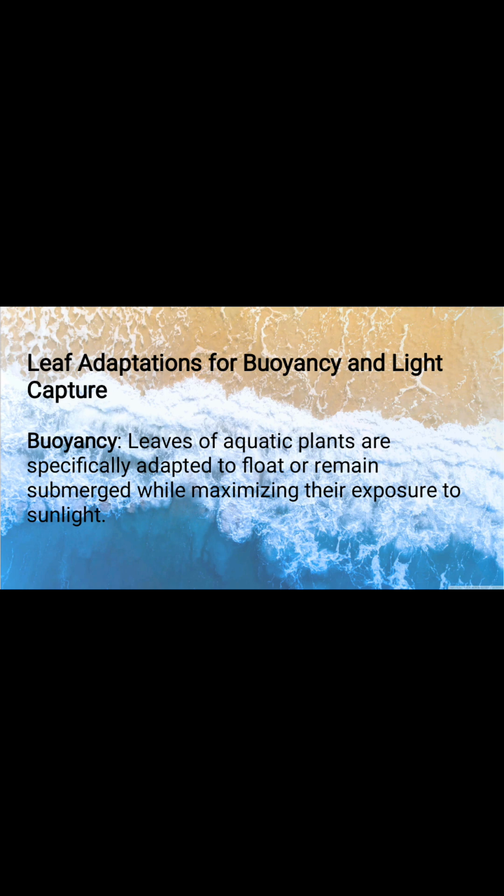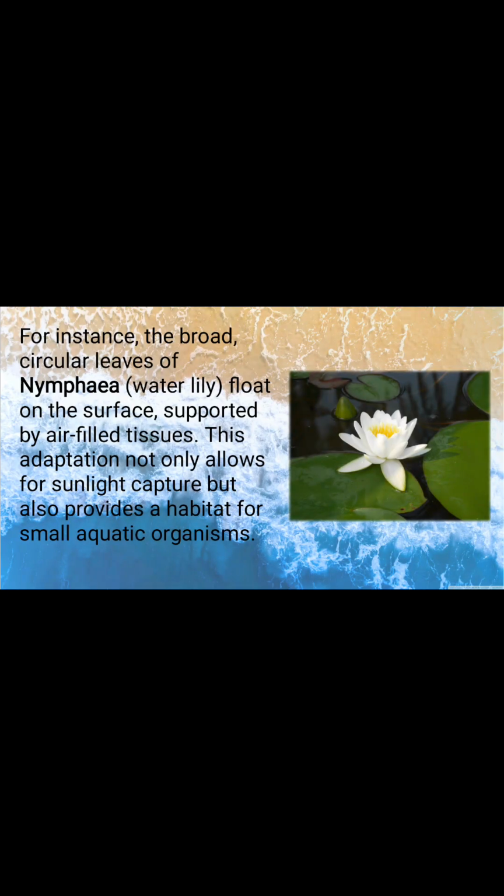For example, the broad, waxy leaves of Nymphaea, also known as water lily, float on the water surface, aided by air-filled tissues that provide buoyancy. This allows them to maximize sunlight exposure while also offering a habitat for small aquatic organisms.